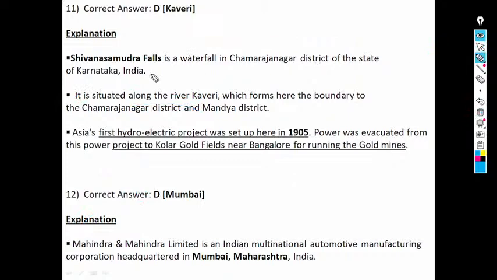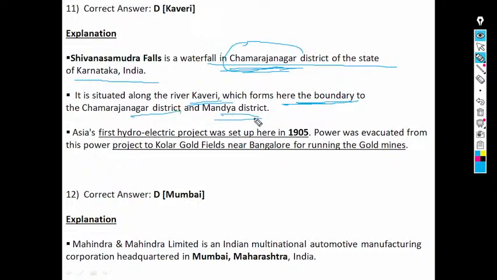Next, Sivasamudram Falls, the waterfall in Chamarajanagar district of the state of Karnataka, India. It is situated along the river Kaveri, which forms the boundary of Chamarajanagar district and Mandya district.